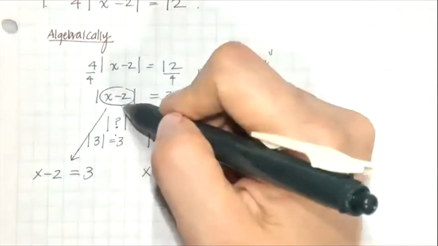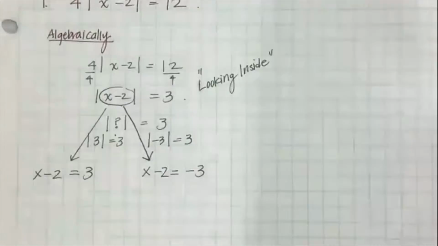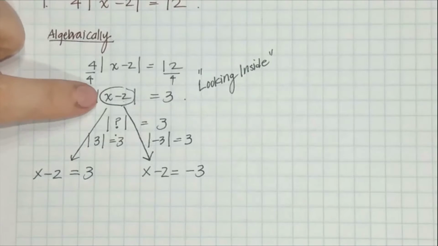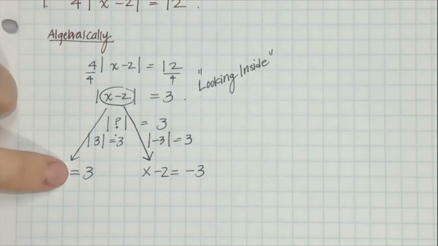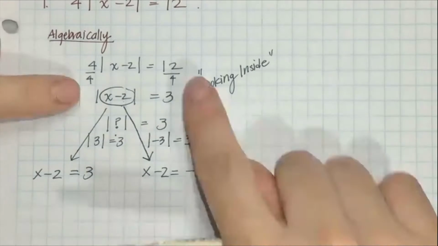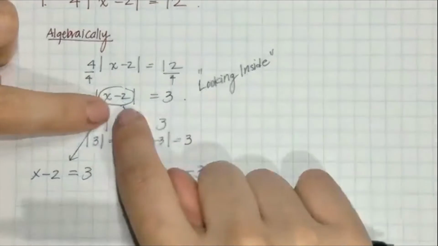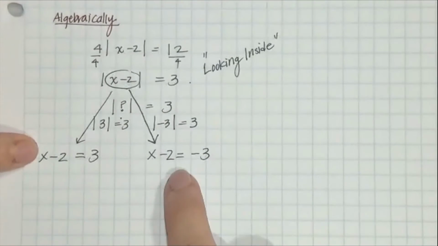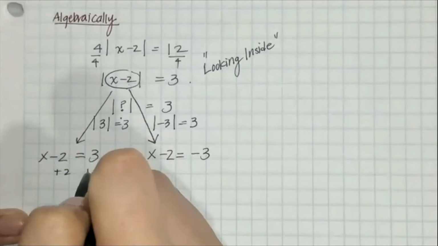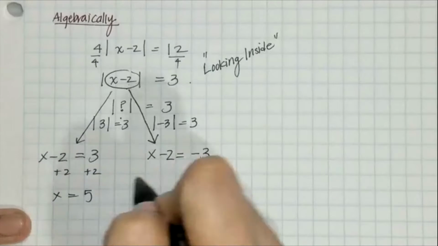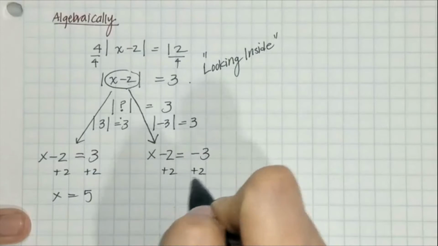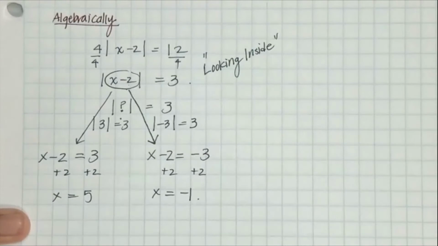So we start with 2 equations from the absolute value. This is usually the step that we follow. An absolute value equation expands and leads to 2 equations. So again, we have x equals 5 and x equals negative 1.